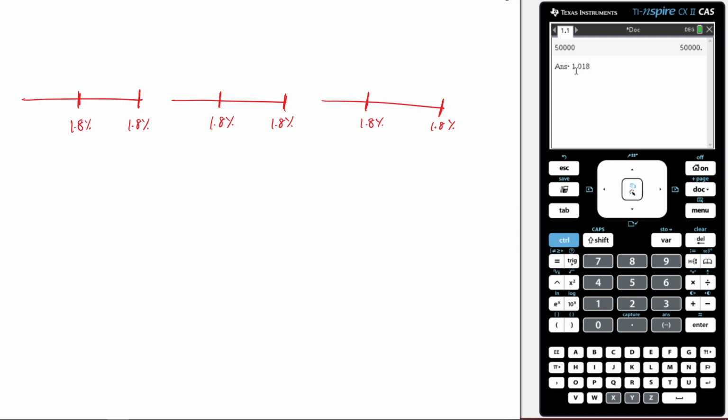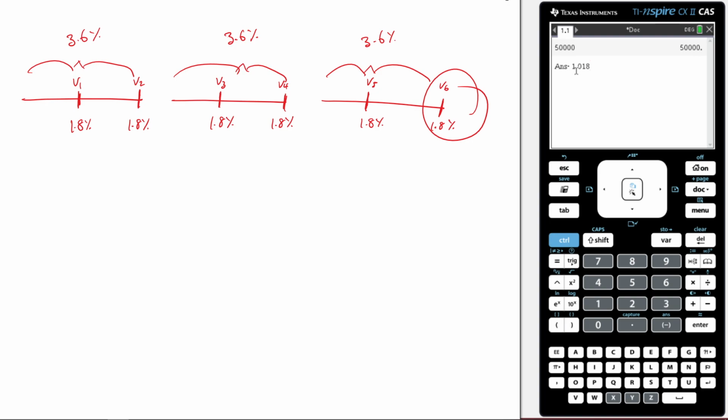Now, if you were to go 1.8 plus 1.8 across the year, it's going to be 3.6% each time, which makes sense because that was our interest rate. The interest rate was 3.6% each year. But because it's compounding twice a year, that means you're calculating the interest twice a year at 1.8%. So this means this is V1, V2, V3, V4, V5, V6. 3 years gets you to V6 if you're compounding twice yearly. That's what's happening there. So it's really important that you have a good conceptual understanding of what's happening here.